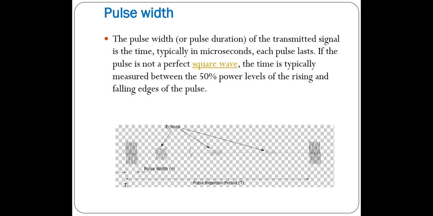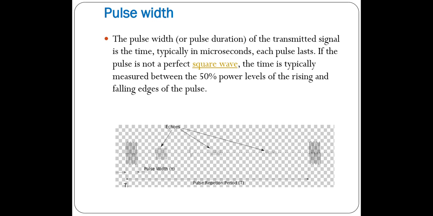The second characteristic is the pulse width. The pulse width or pulse duration of the transmitted signal is the time, typically in microseconds, that each pulse lasts.